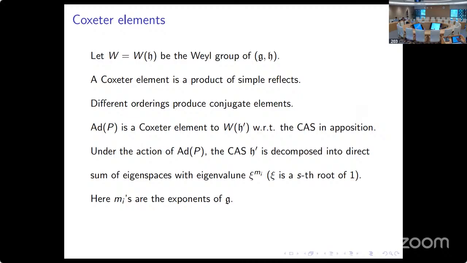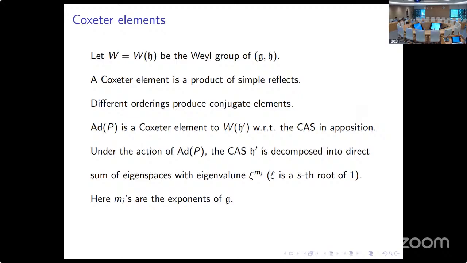But if you change to the other one, while we're describing this H prime, it becomes the Coxeter group for the other corresponding one.